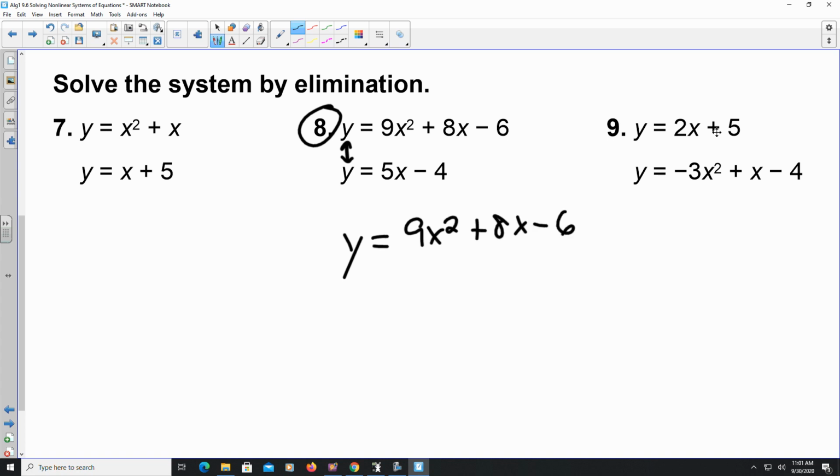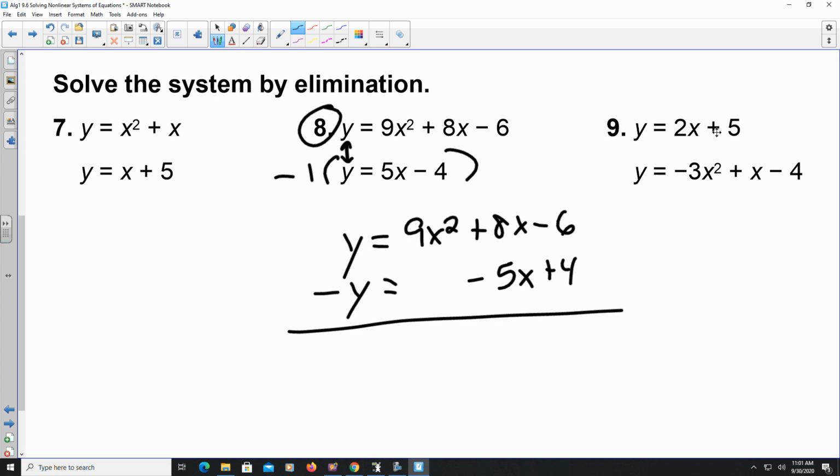And I'm going to change the sign of this one here so it becomes negative y is equal to negative 5x plus 4. So this becomes 0, and then this becomes 9x squared minus 3x minus 2.